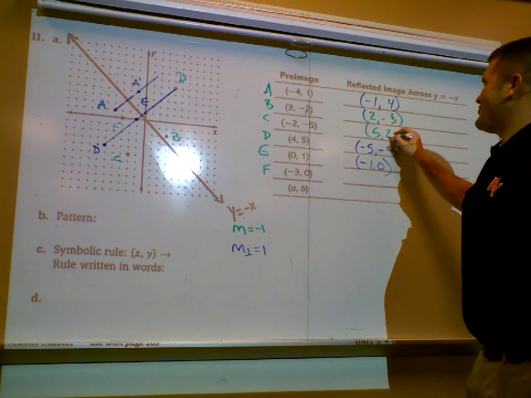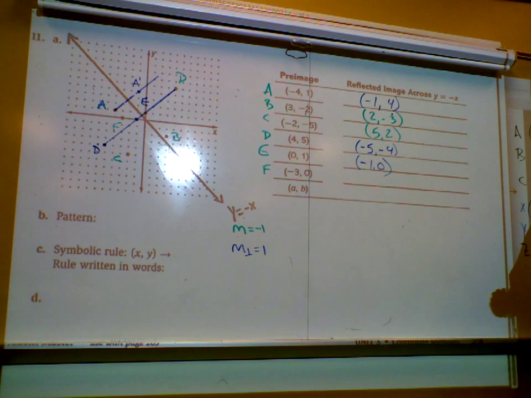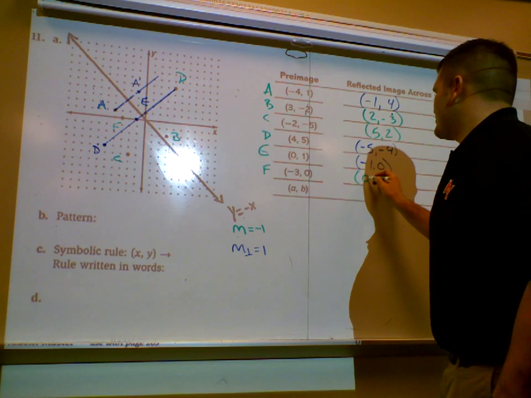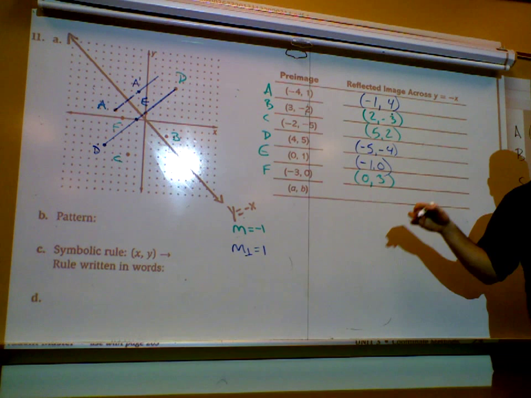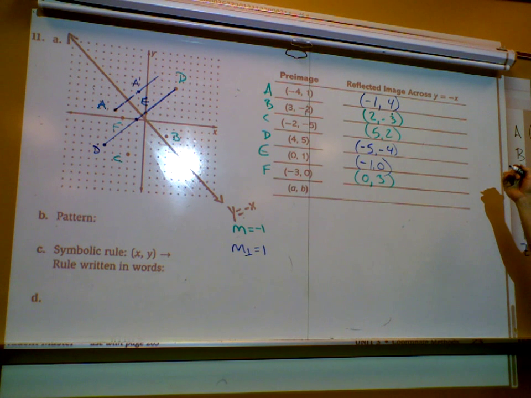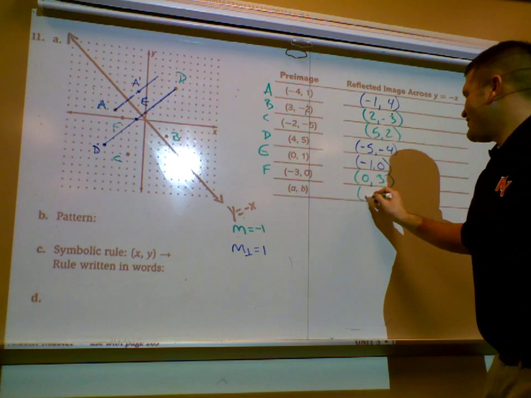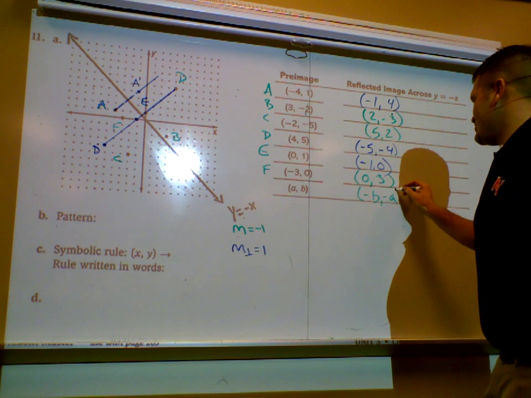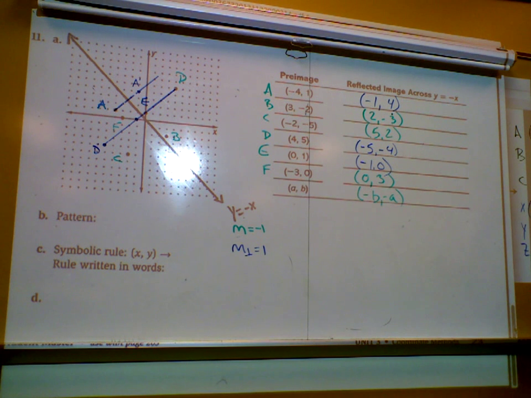Wait for me to call on you. Okay. F. 0, 3. Perfect. Then A comma B. Anybody know? Jamira? What'd Long say? Negative B, Negative B. Long was just so excited to share that, didn't he?